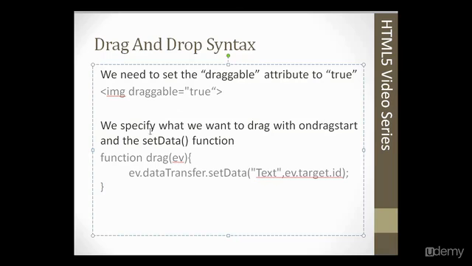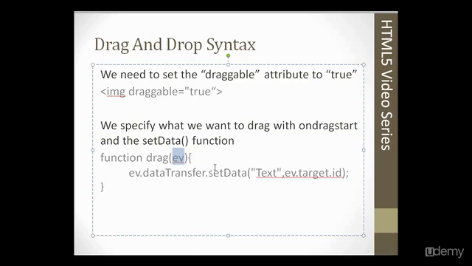Now what we have to do is specify what will happen when the element or the object or whatever you want to call it is dragged. The onDragStart attribute calls a function, which is this function, drag(event). Event is the parameter of the drag function, and that specifies what data is to be dragged.